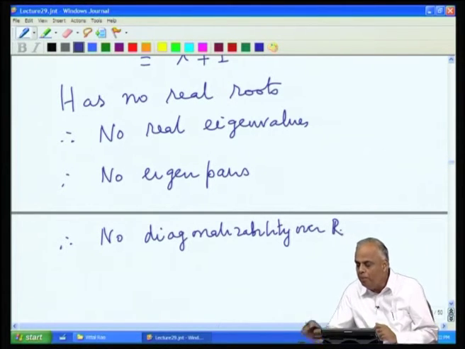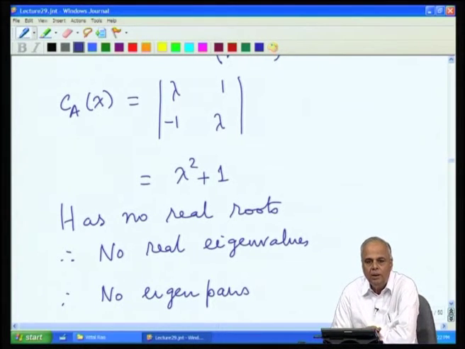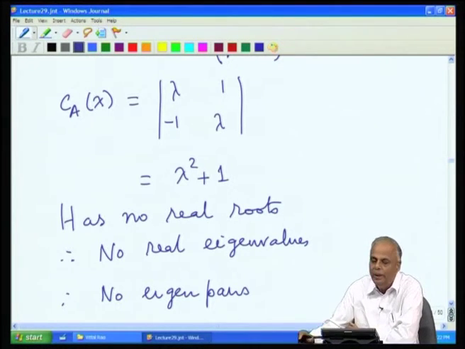So, this example is a striking example in the sense that if you are dealing with real matrices and you want real diagonalizability, it is not always possible, because here is a matrix which is real, it is a simple 2 by 2, and it has no real eigenvalues, and therefore, there is no possibility of real diagonalizability. Why did this happen?